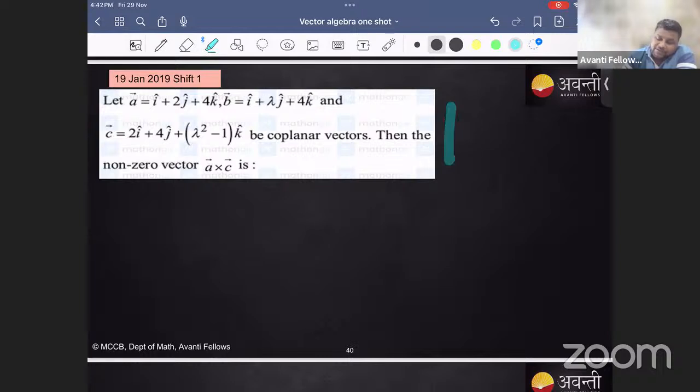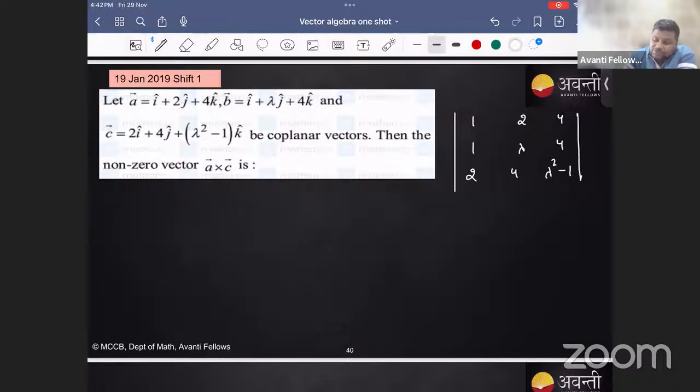That means the value of the determinant with i cap, j cap, k cap, directly the determinant will have the coefficients 1, 2, 4, 1, lambda, 4, and 2, 4, lambda square minus 1. This has to be 0. Correct?